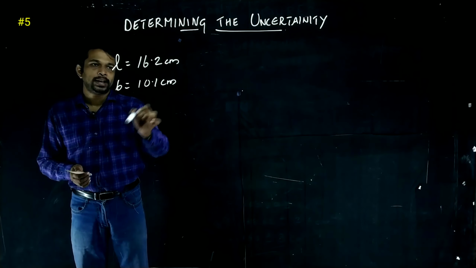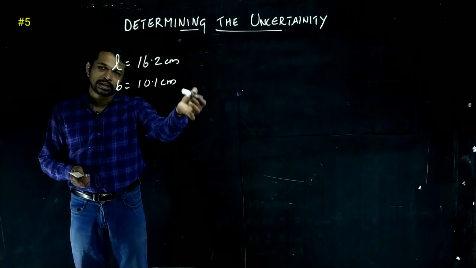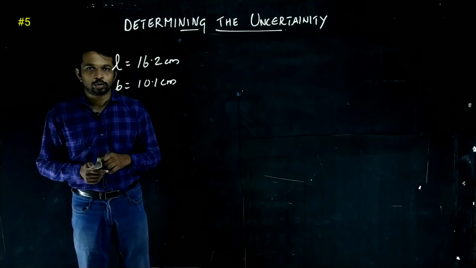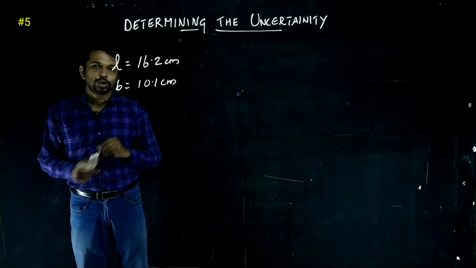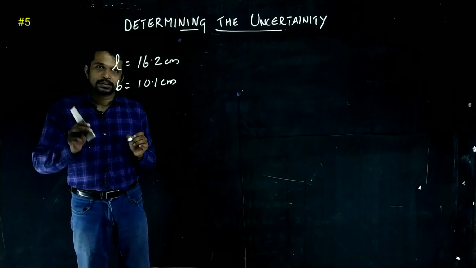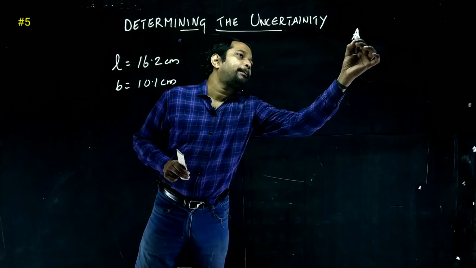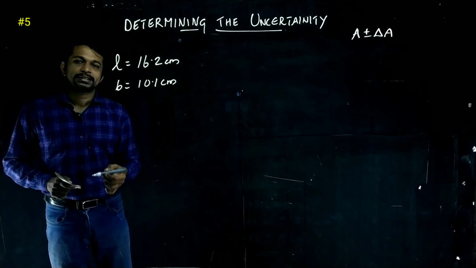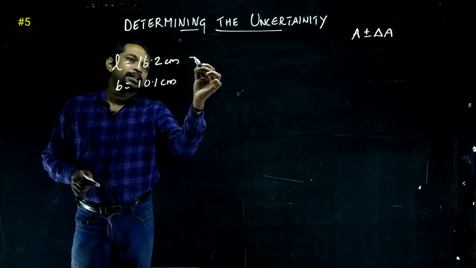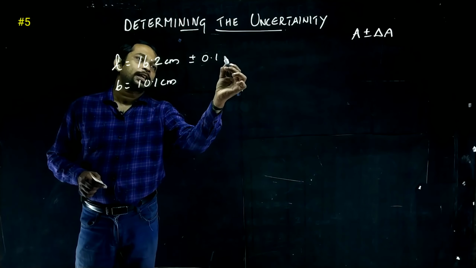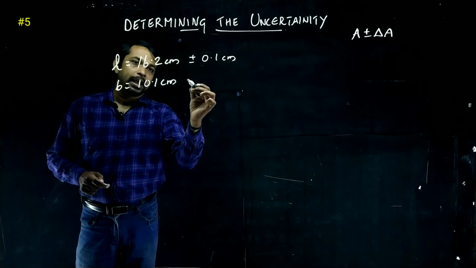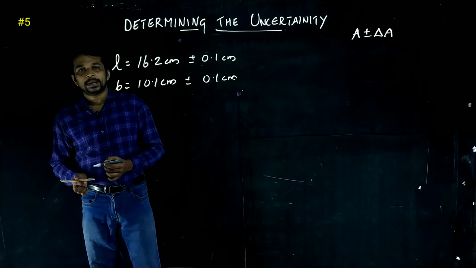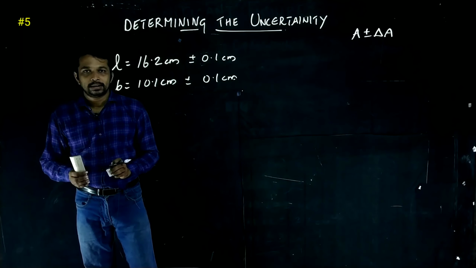So in the case of length, this can be 16.3 or 16.1, breadth can be 10 or 10.2, right? So when we are writing in the method of A plus or minus delta A, we can write the same length as 16.2 plus or minus 0.1 centimeter, and breadth also the same, 10.1 plus or minus 0.1 centimeter.